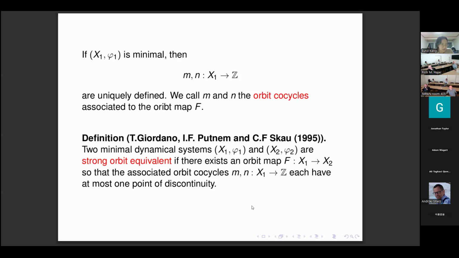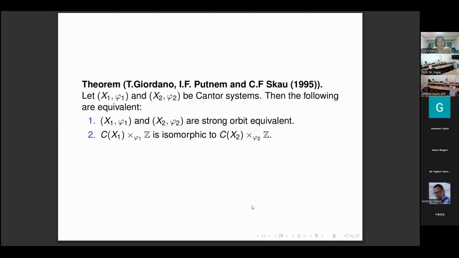I think so, but I don't know exactly what it is now. Okay, thank you. So you get the cocycle on the groupoid, the groupoid center. Yeah, probably, yes.